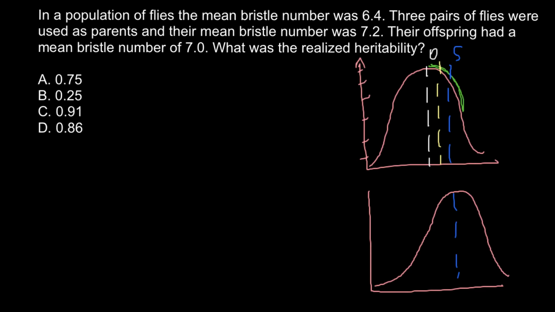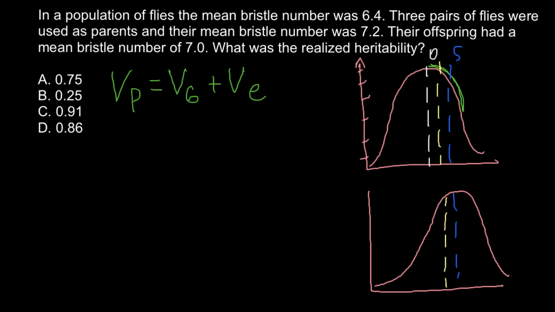And why does this happen, why is it usually between these two means? Because, and here I want to remind you of the formula for the phenotypic variance. Here is the formula. So total phenotypic variance equals total genetic variance plus total variance due to environment.